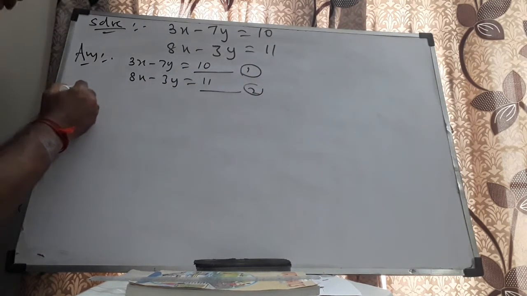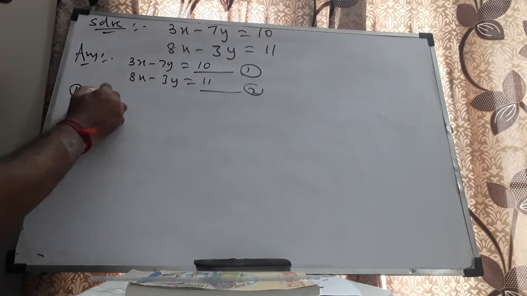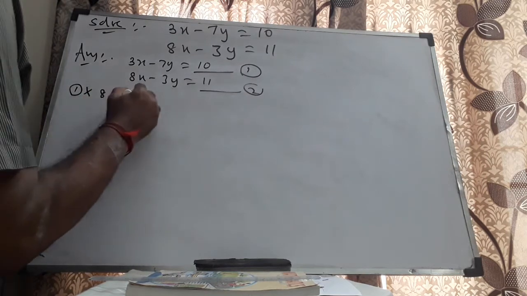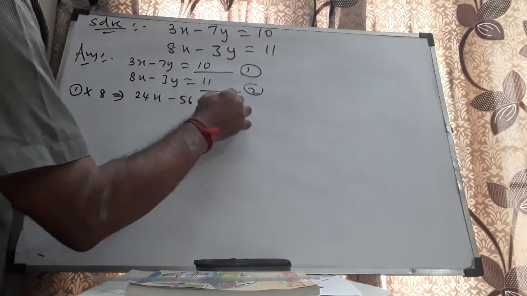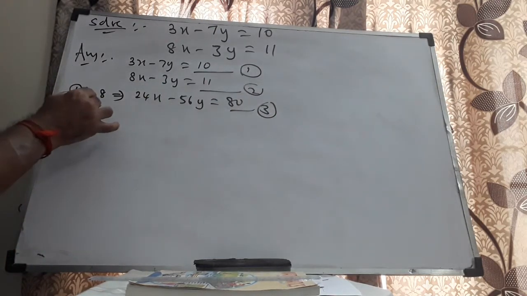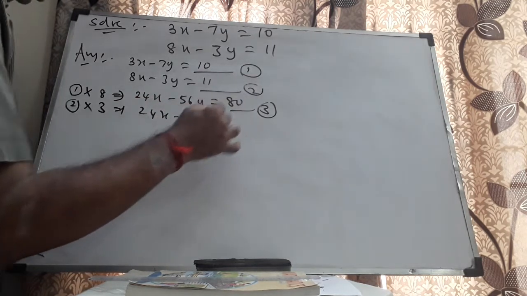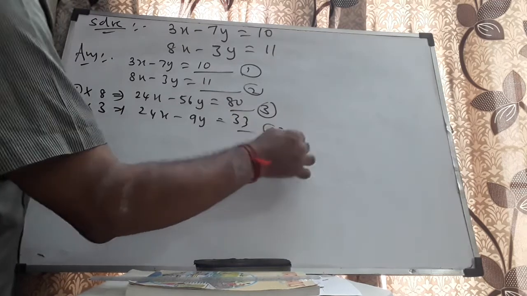What I will do here is multiply equation 1 by 8. I get 24x minus 56y is equal to 80. That is equation 3. Now I'll multiply equation 2 by 3. I'll get 24x minus 9y is equal to 33. This is equation 4.